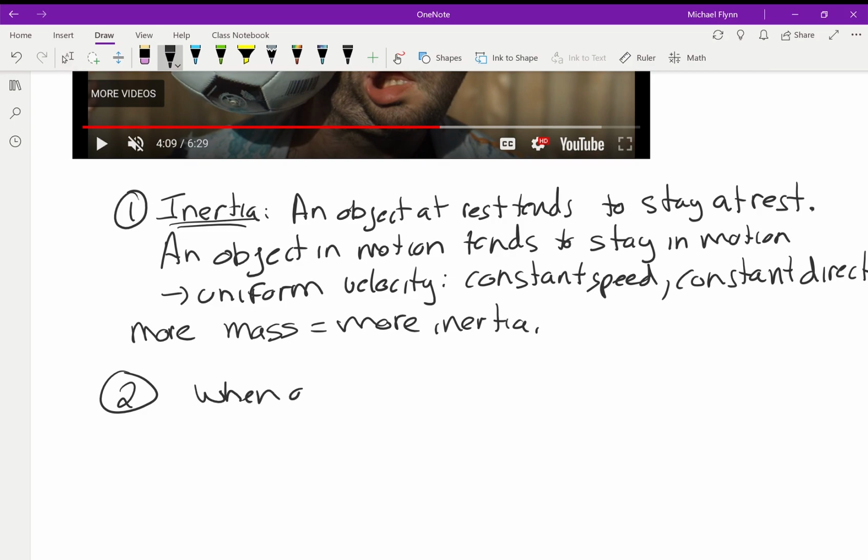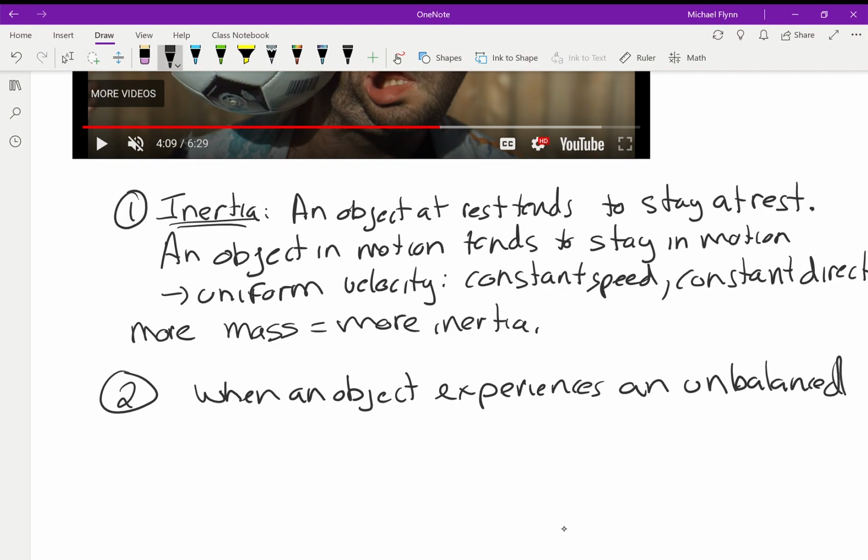When an object experiences an unbalanced force, and that's the key word, unbalanced force. What I mean by that is, like me sitting on a couch right now, I'm not accelerating anywhere because gravity is pulling me down, let's say, that's one force acting on me, but the couch is pushing me up.